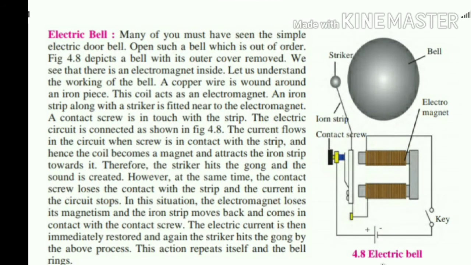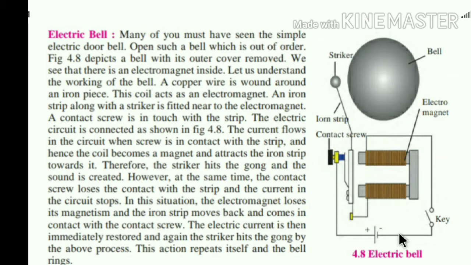Here we study the electric bell that we use in our home, which has an electromagnet. Let's see the construction and working of an electric bell with the help of this diagram, and also the electric circuit.